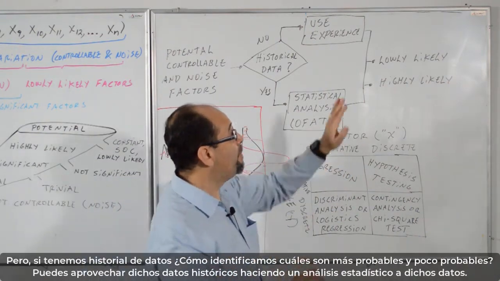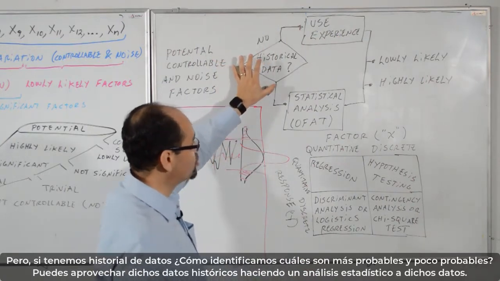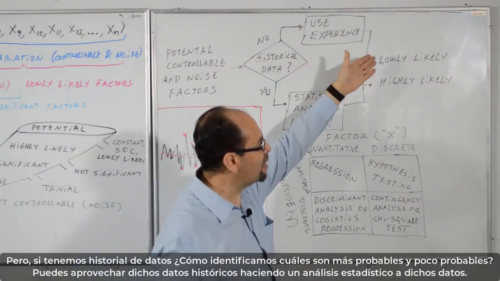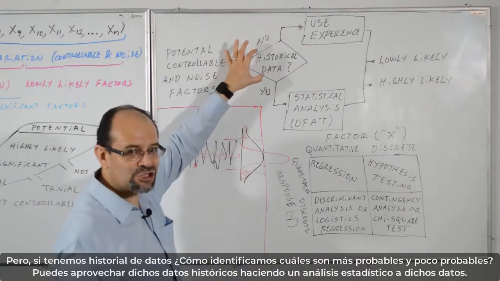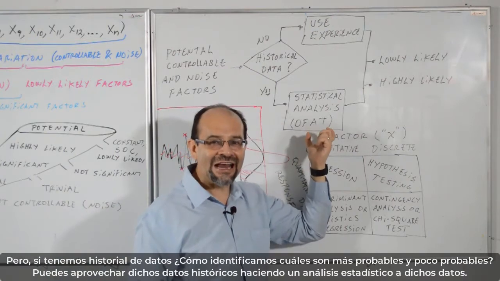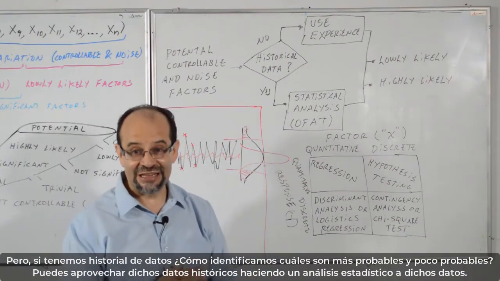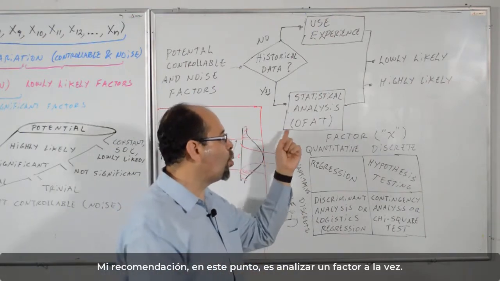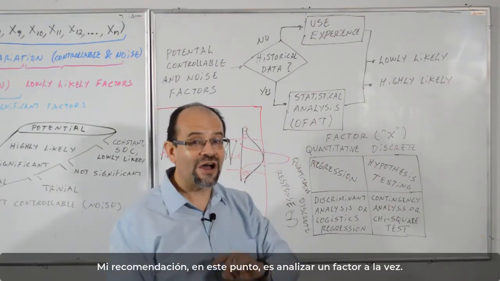But if you have historical data, then how to define which are highly likely and lowly likely? You can take advantage of your historical data, and you can do a statistical analysis using the historical data. My recommendation at this point is to analyze one factor at a time.